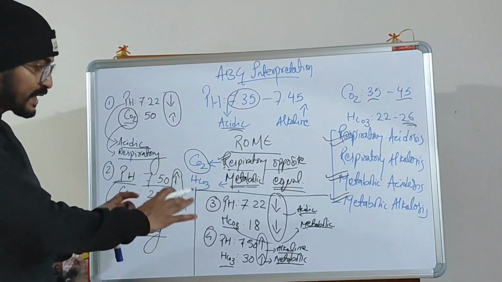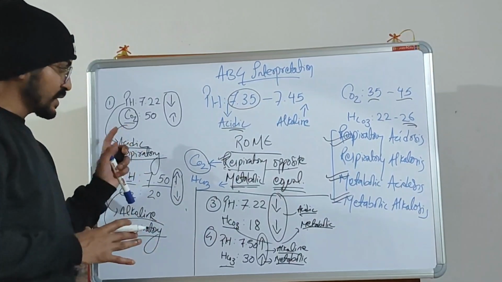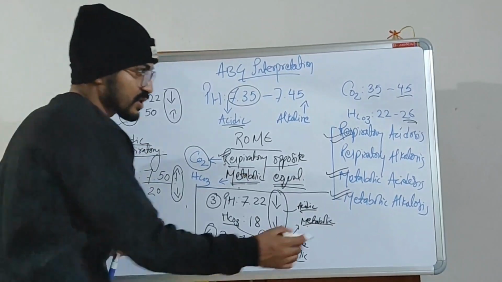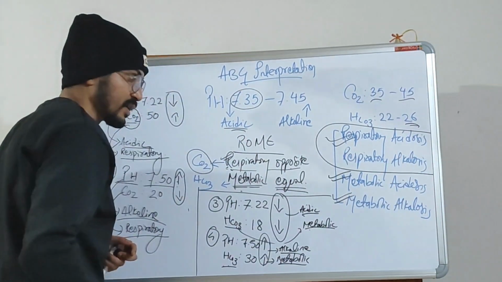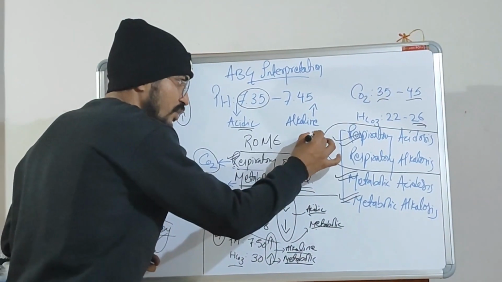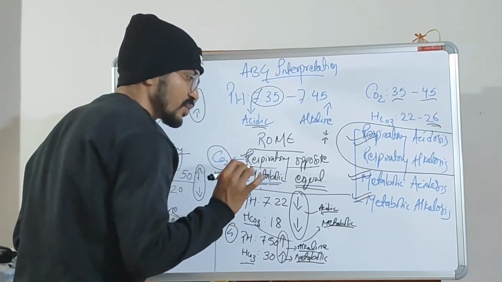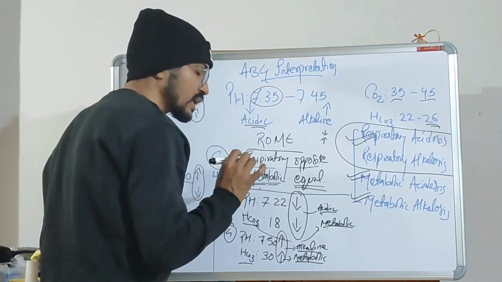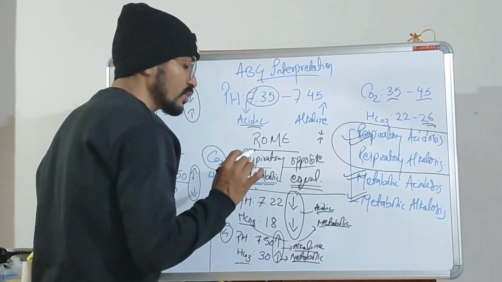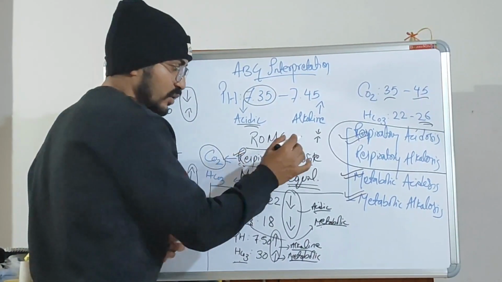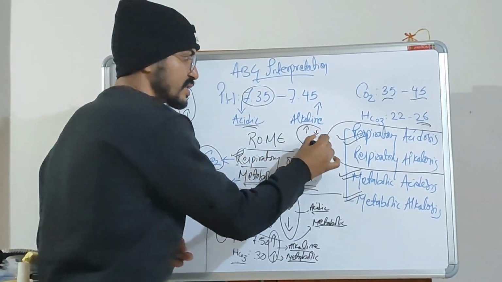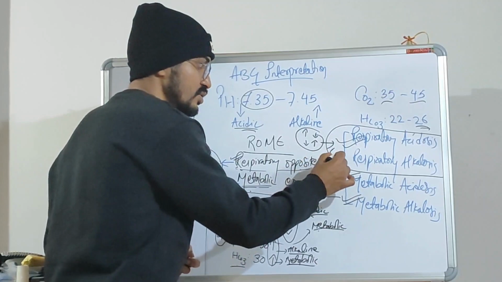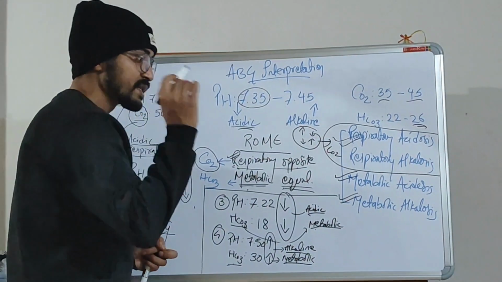So as you can see, the common thing in these four main diagnoses is, whenever we talked about respiratory, the patterns were just opposite. If one was going up, another was going down. If one was going down, another was going up. The values are always opposite when it comes to respiration, or CO2.